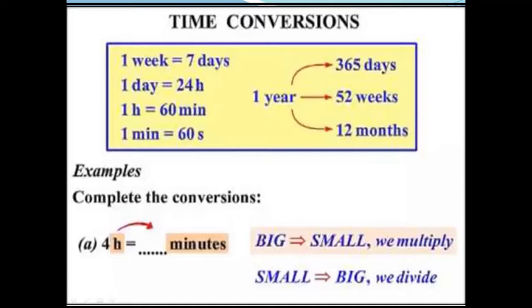Small to big is from 60 seconds to 1 minute, and from 60 minutes to 1 hour. Whereas big to small is from 1 week to 7 days, 1 day to 24 hours, and so on. Such kinds of conversions we do, and accordingly we do multiplication or division in those cases.